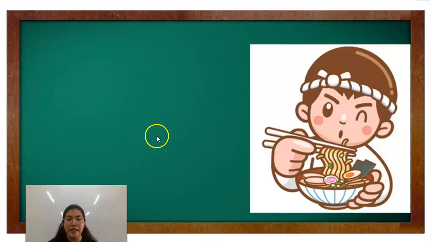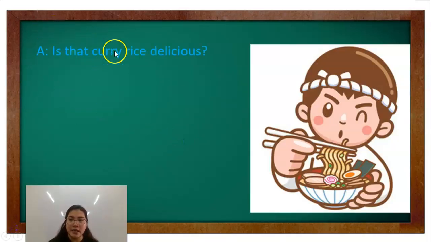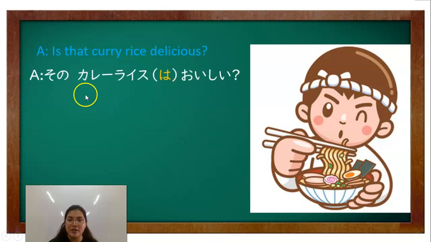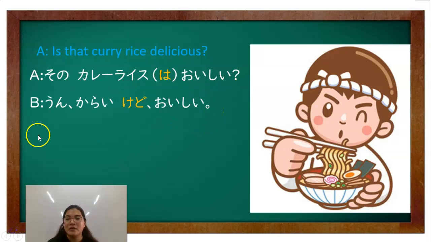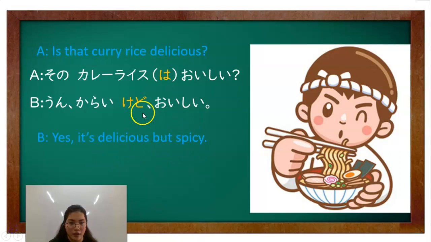Okay, just like an example here, is that curry rice delicious? Karai kedo oishii. Yes, it's delicious, but spicy. Okay? So, ginagamit mo si kedo sa plain style na but.